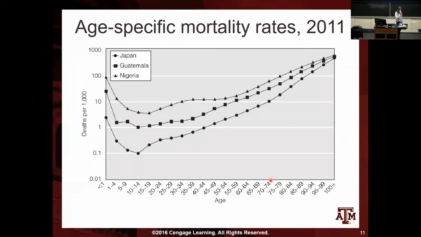And this is an example of how mortality varies by age. So we have mortality rates for each one of the subgroups here. We count how many people are in that subgroup in the denominator, in the middle of the period. In the numerator, we count how many people died in that specific year in each one of those countries, right? Mortality rates for each age group, age-specific mortality rates.